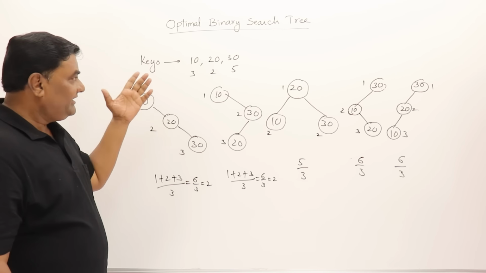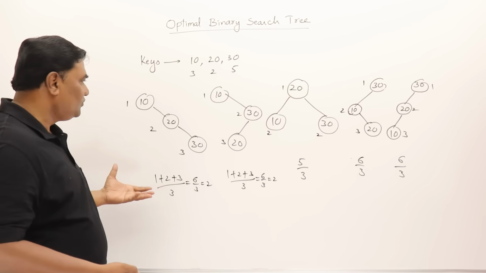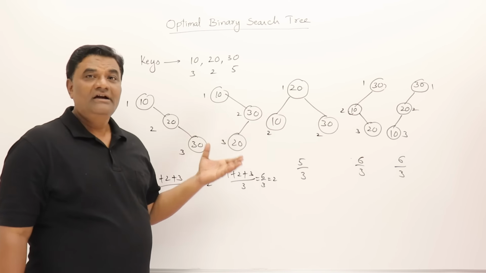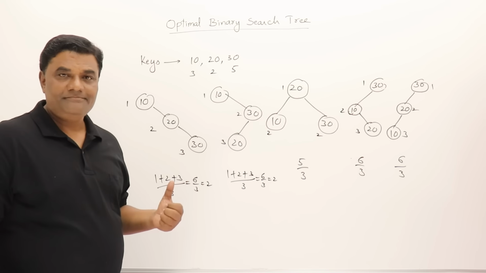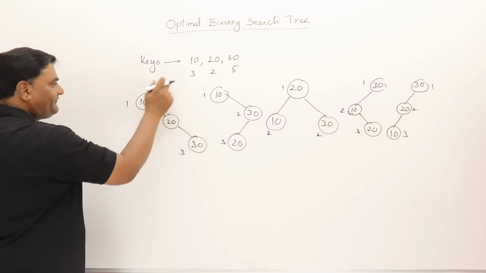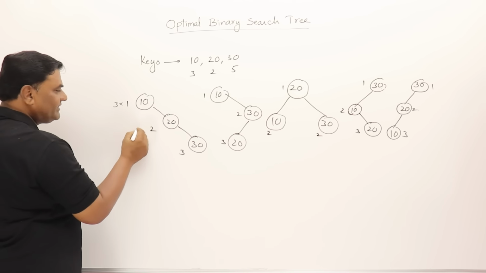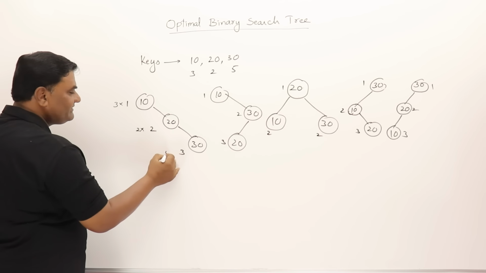Then if the frequencies are defined for each key, then what will be the cost? So I want to know which tree organization will be optimal or better. So let us check them. See, the number of comparisons required for this one is 1, and its frequency is 3, and this frequency is 2, and this frequency is 5.